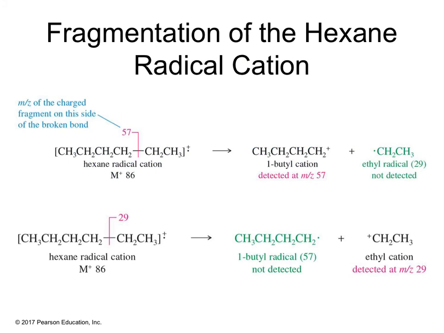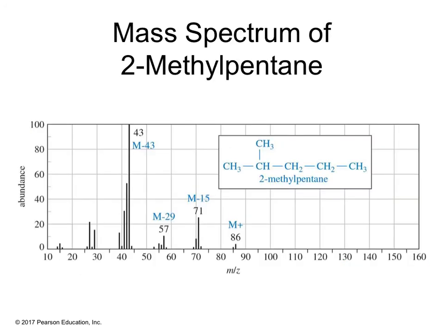They're just showing you that the most abundant peak is going to be where the molecule is most likely splitting, and the splitting typically follows your carbocation and free radical stability patterns.